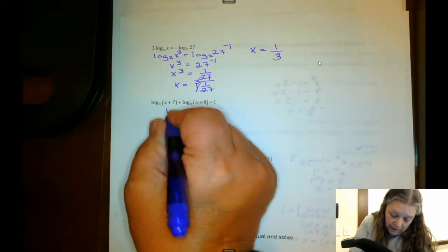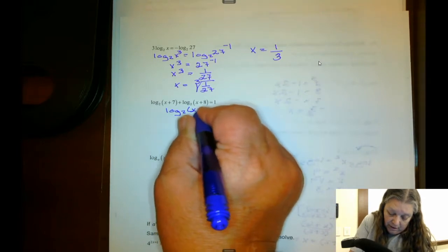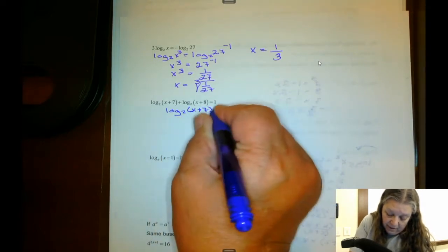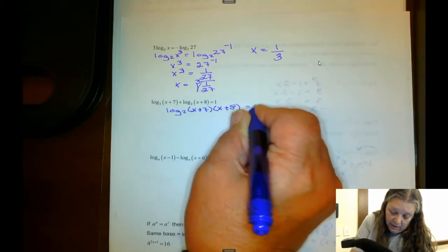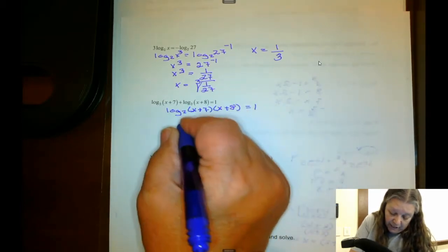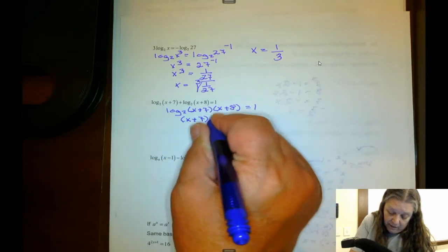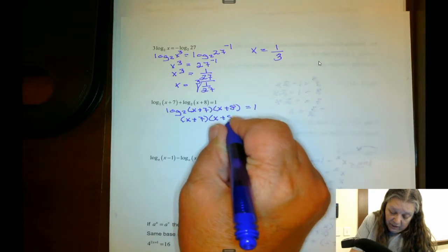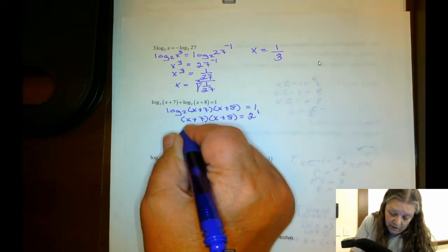Combine. So we have log base 2 of x plus 7 times x plus 8 equals 1. Change to an exponent. X plus 7 times x plus 8 equals 2 to the first.